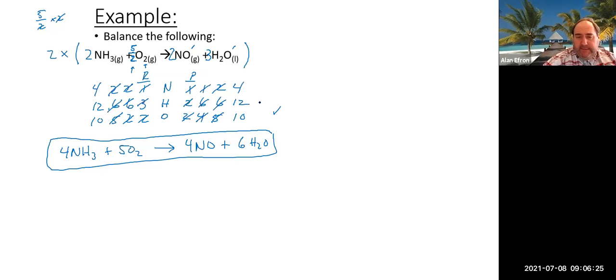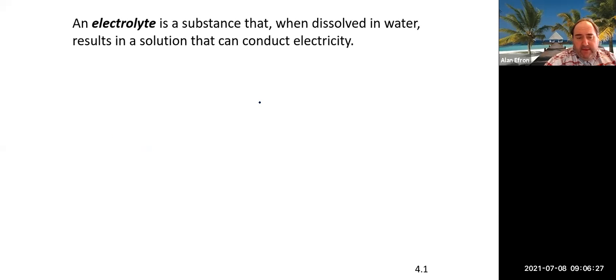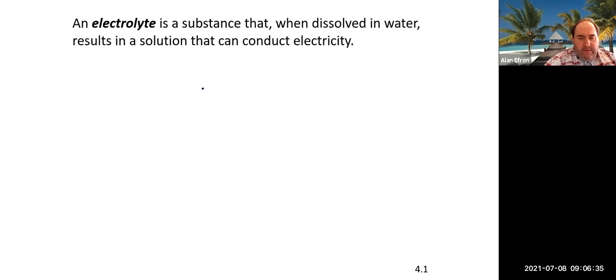Okay, so let's take a look at just a couple more here. Why don't you try, let's do, write this without putting the coefficients. So let me do this.